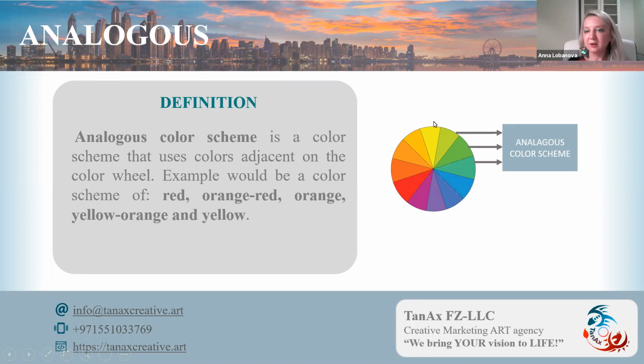Now, analogous color scheme means that I take a color, let's say yellow, and I make a color palette adjacent to the yellow. So it can be, for instance, yellow-orange and orange-red. Or I can go the other way: yellow, yellow-green, and green. Those are valid analogous color schemes.